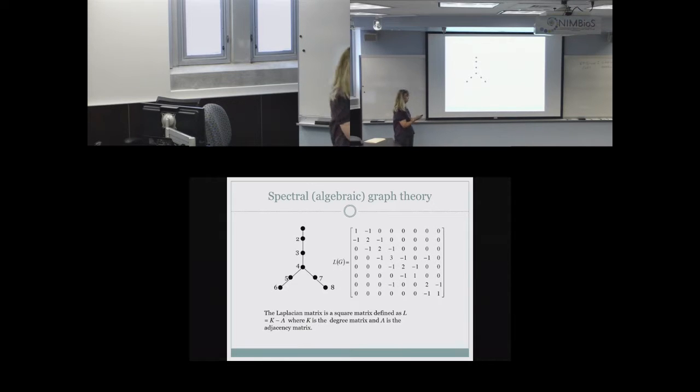So spectral graph theory uses the Laplacian matrix in linear algebra. The Laplacian matrix is the degree matrix minus the adjacency matrix. So you can see down the diagonal, these numbers are just the degrees of the vertices. So there should be a 3, representing the vertex of degree 3. So you have your degrees down the diagonal, and then the minus ones are because you're subtracting the adjacency matrix.